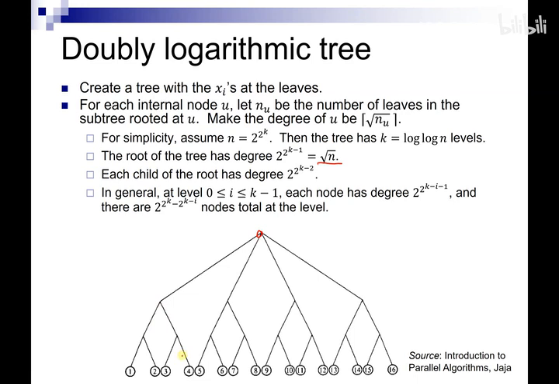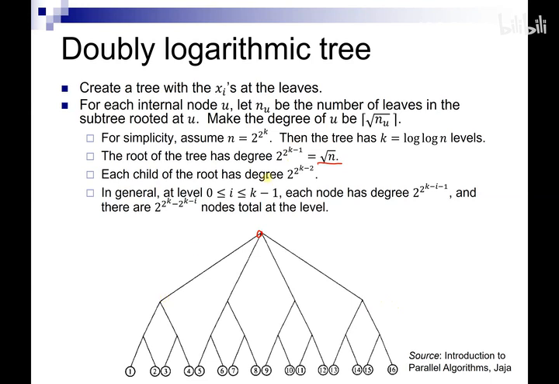The degree here is square root of n, and in fact, all of these subtrees after the root have the same size. They all have size square root of n, because we have square root n of these different subtrees. We have 4 of these subtrees, and so each one of them is going to have size square root of n. Square root of n equals 2 to the 2 to the k minus 1.